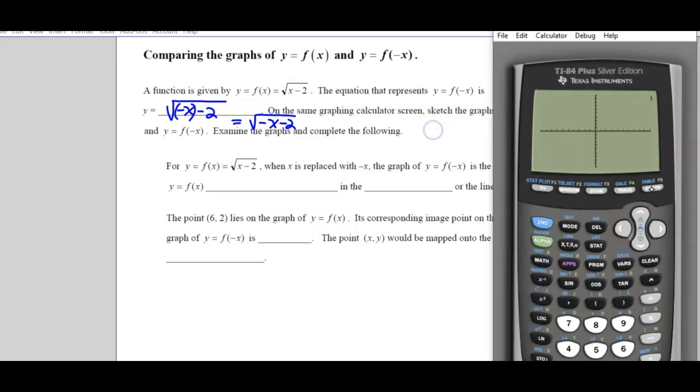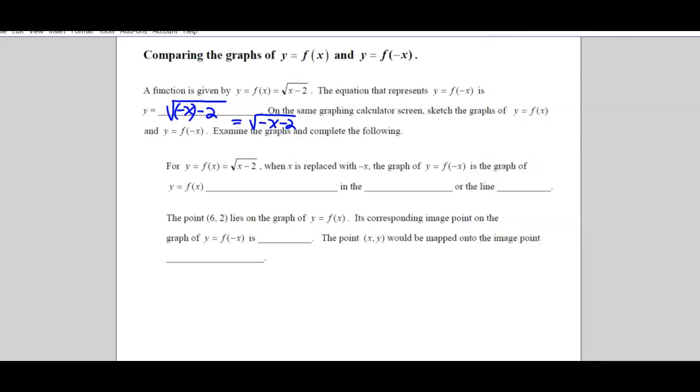And then graph. There's your original. There's your image. Notice how they've been reflected. If you folded on the y-axis, they would overlap each other, right? So these are reflections in the y-axis. That's when you change the sign of x. The equation of the y-axis is x equals 0.